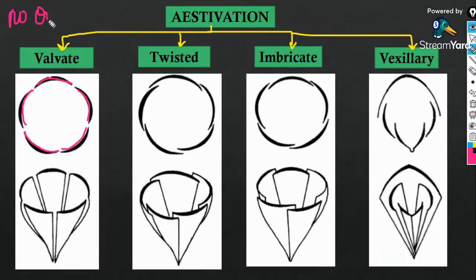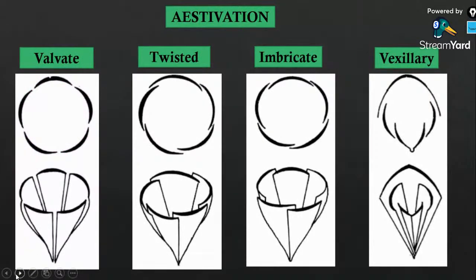No overlapping in valvate aestivation. Those plants which show valvate aestivation, their flower will be like this in view. You cannot simply see it very clearly, but we have to study the examples by heart.